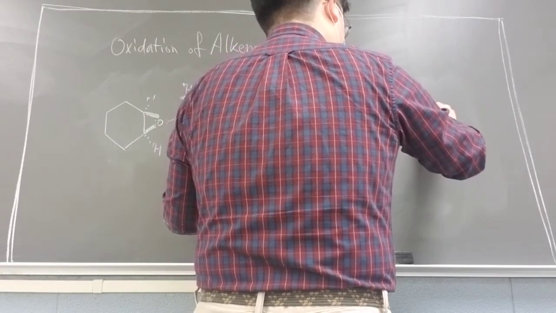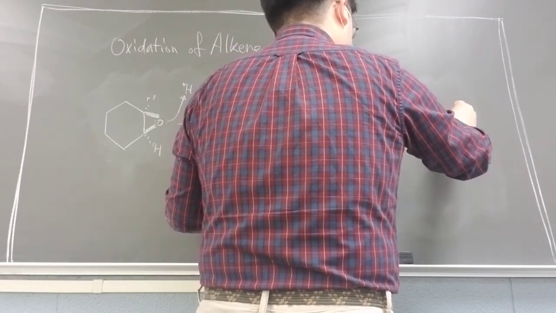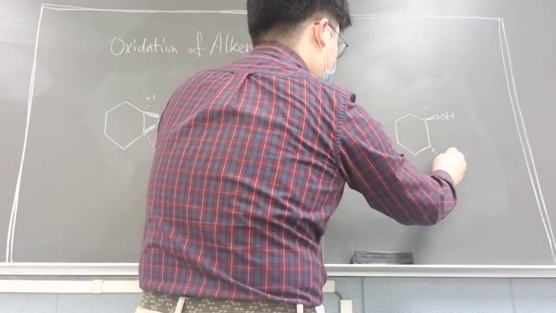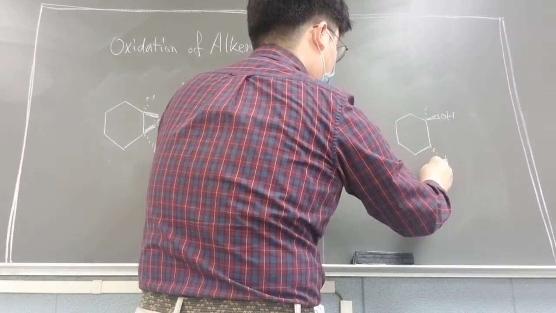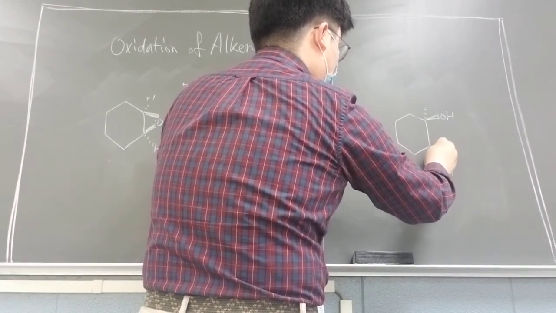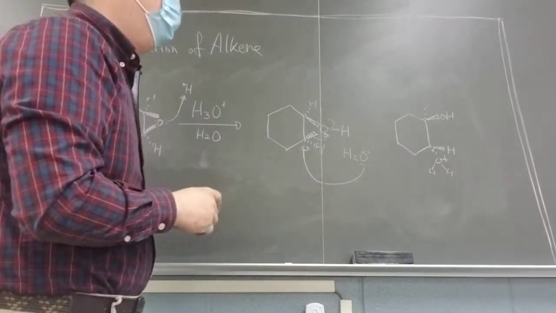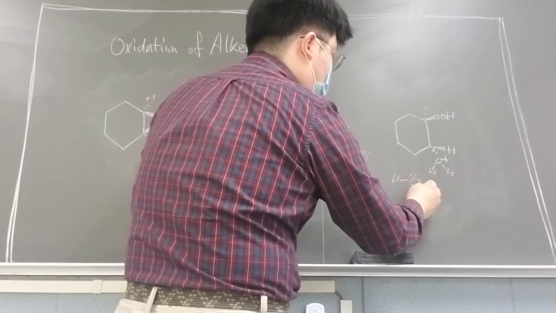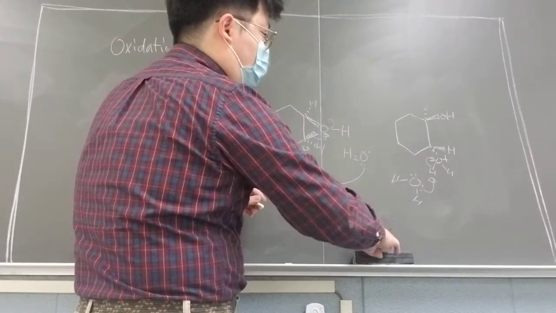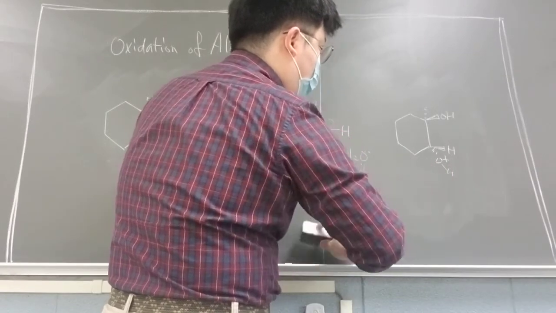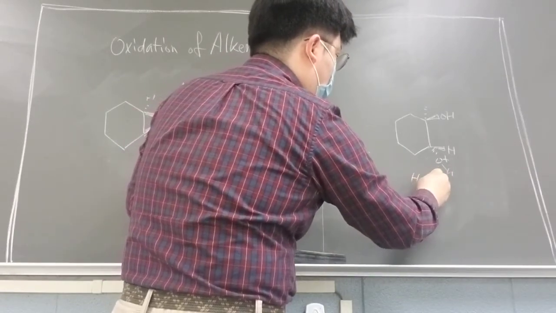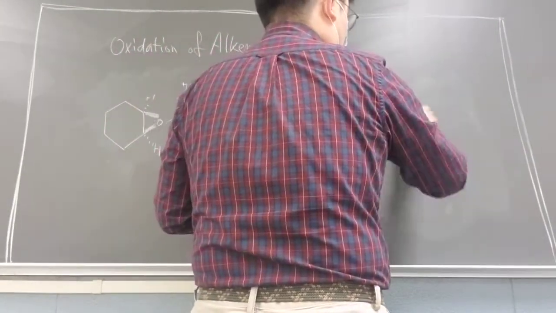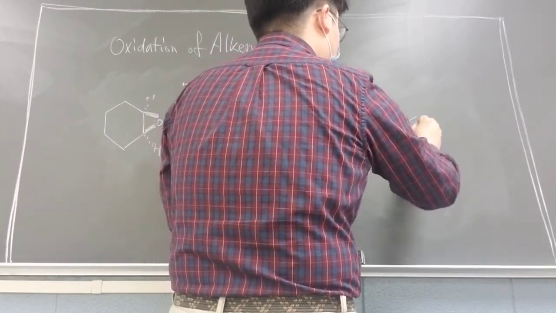Then you can have a hydrogen group over here, but this water comes onto the back. Okay, like this. So another water will grab this one, goes there. Then this will become this one.